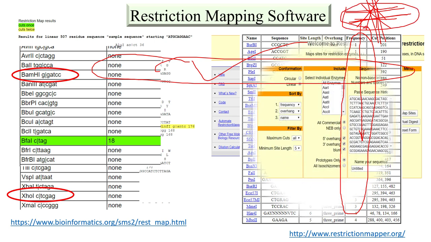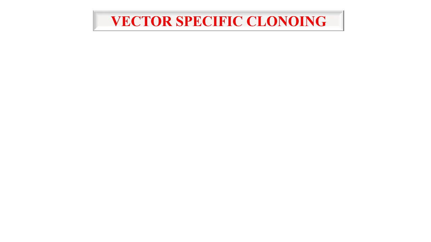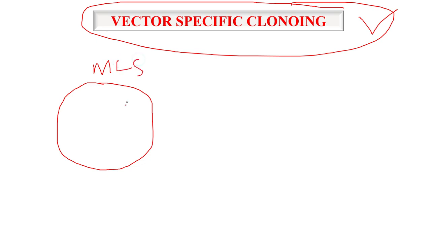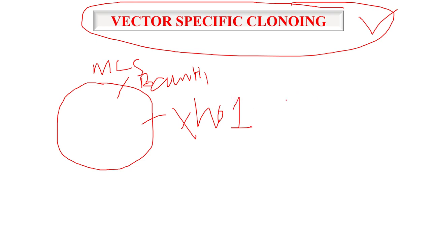Okay, so now you can understand vector specific cloning. What you will do, this is your vector. The vector has an MCS, and you know BamHI and XhoI are in your vector, and this is your amplified sequence.